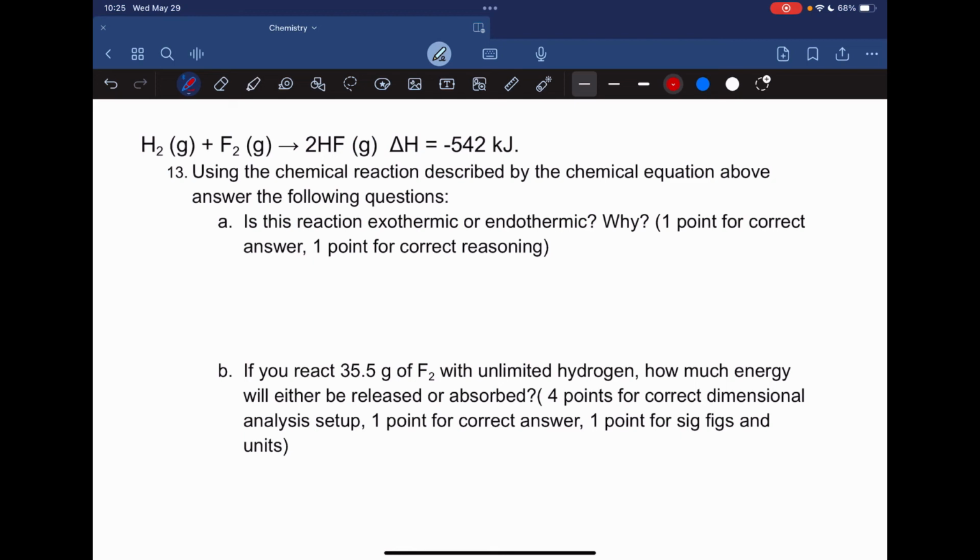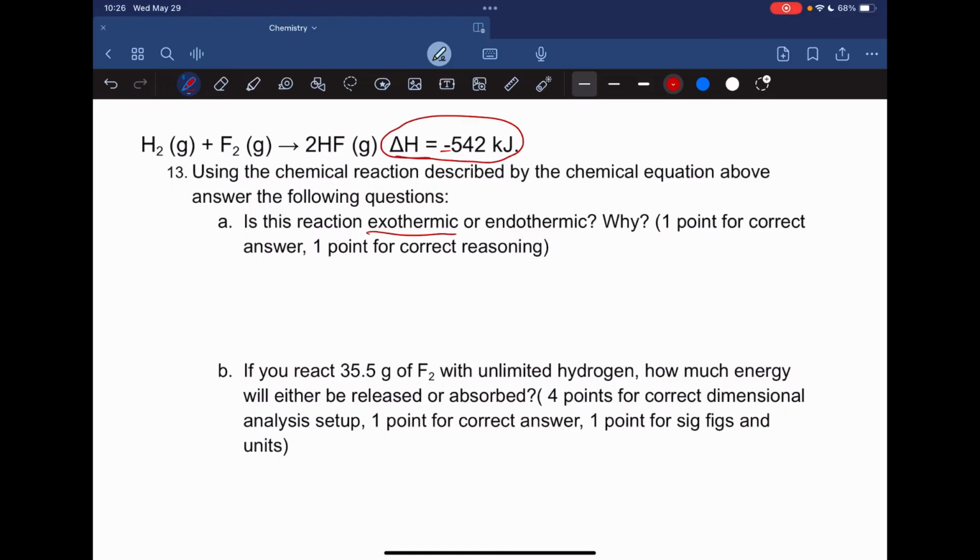Problem 13 is finding out what the change in enthalpy is, and also identifying whether it's an endo or exothermic reaction. So for this, we're going to notice that the change in enthalpy is negative. That means it's going to be exothermic because it's releasing energy into the environment. The final is less than the initial enthalpy or energy that it had, so it gave up some of its energy into the environment.